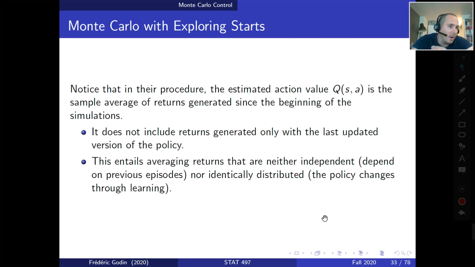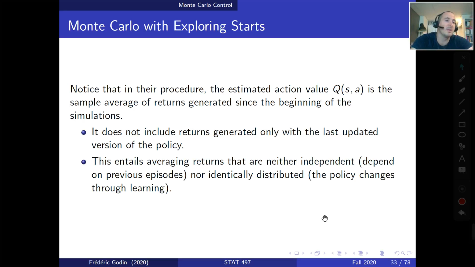So the next actions and states that are encountered will change through time. Their distribution will change through time. So across the episodes, the various returns associated with the same state action pair will have different distributions.